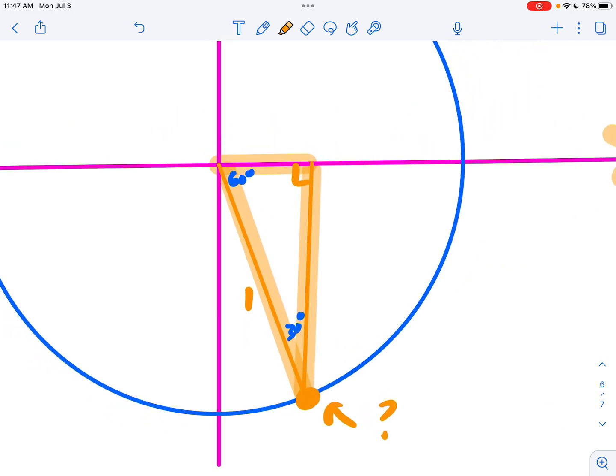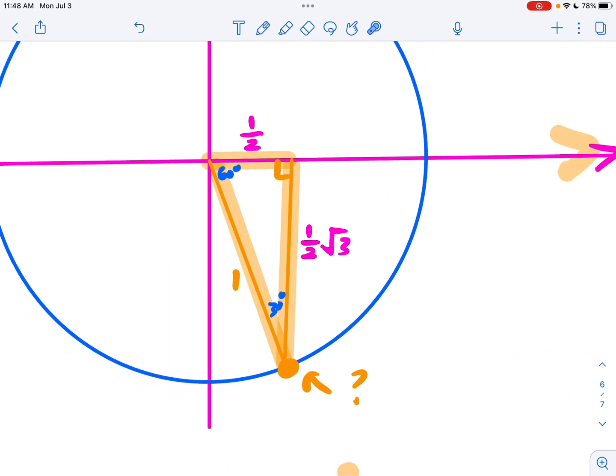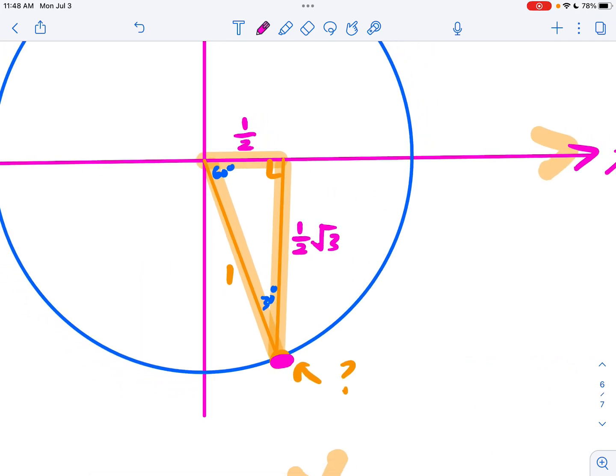One of the rules, hopefully we remember about 30, 60, 90 triangles, is that the shorter leg is half the hypotenuse. So this distance here is 1/2. And then the longer leg is the shorter leg times the square root of 3. So this distance is 1/2 times the square root of 3. Just to be clear, these are pure distances. Now let's think about those as coordinates. What are the coordinates of this point?